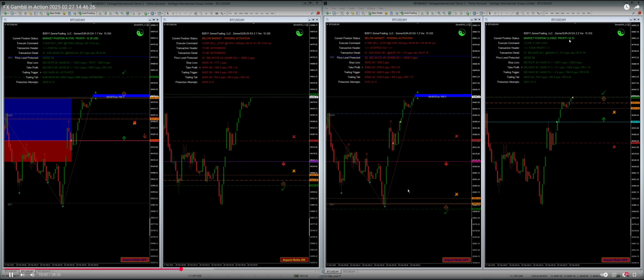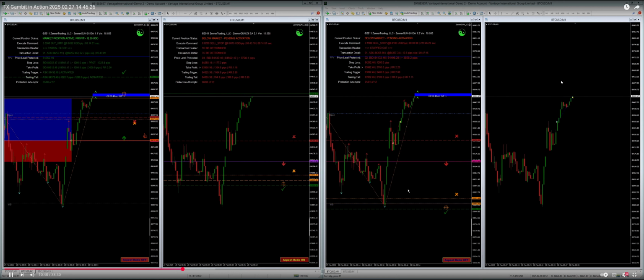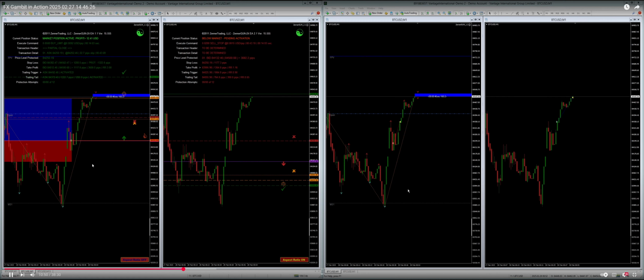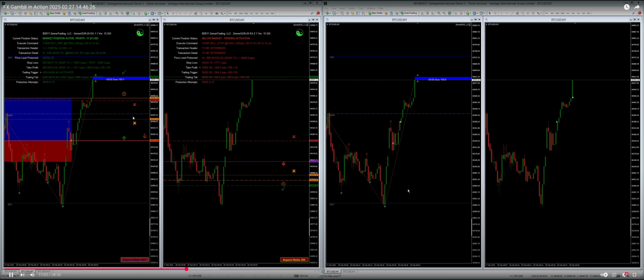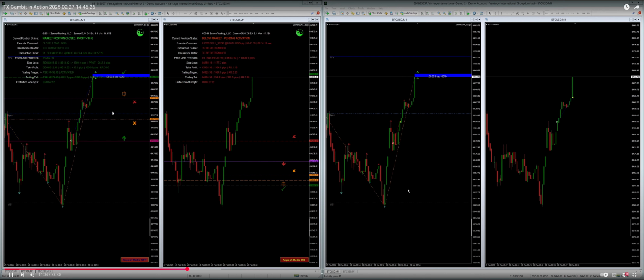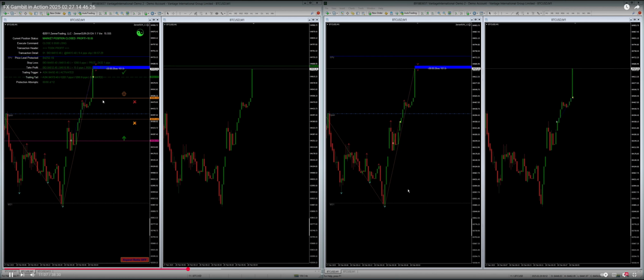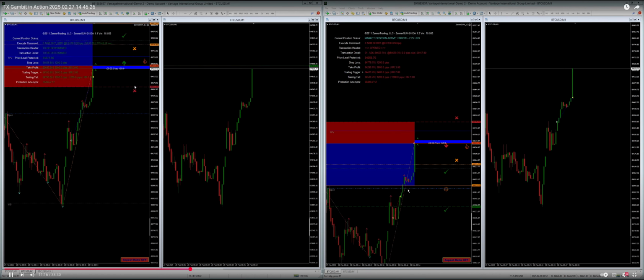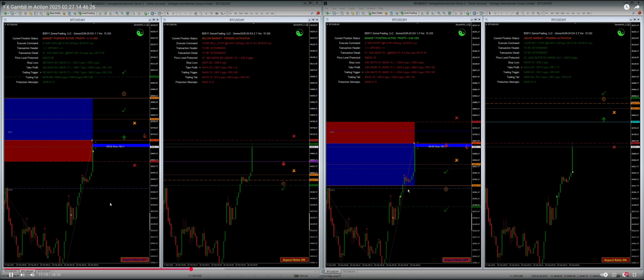Okay, here we have a close. We have realized the $19 net profit on the short leg of the hedge. The long leg of the hedge continues up. If you have seen how the protective stop that was at the entry level has moved up. Now there is a significant push forward up, and we have reached the take profit level while the trailing stop has been moving up following the market.